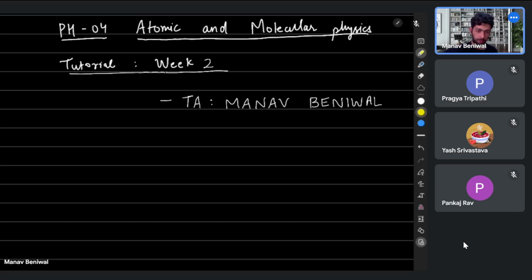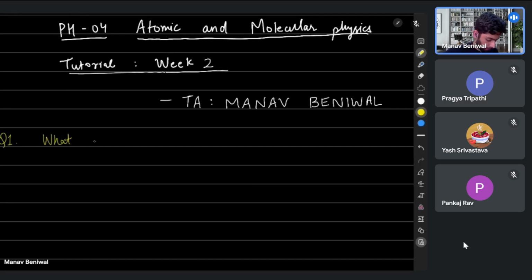Okay, so let's start with the first problem. And the problem is, what energy is needed to ionize a H atom which is in its first excited state.